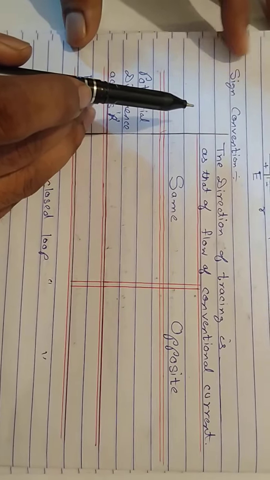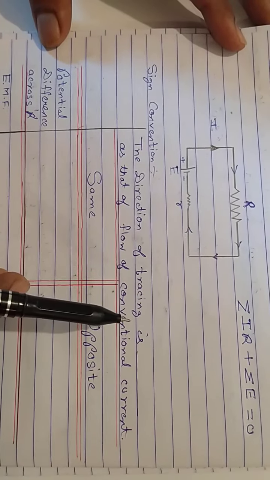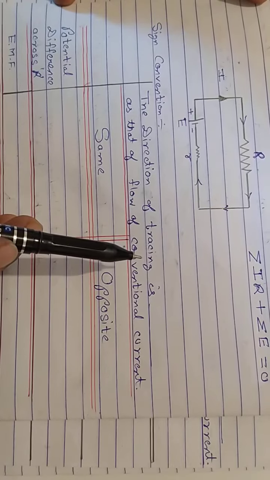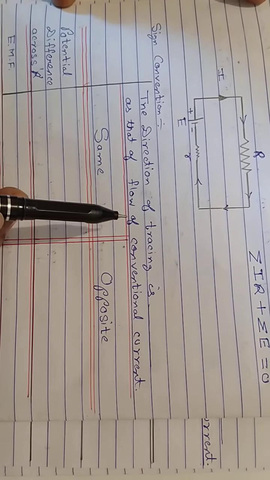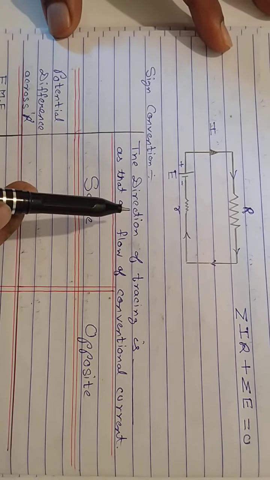Students, here we are going to consider two things. First is the direction of tracing, which is that of the flow of conventional current. What is the meaning of direction of tracing?